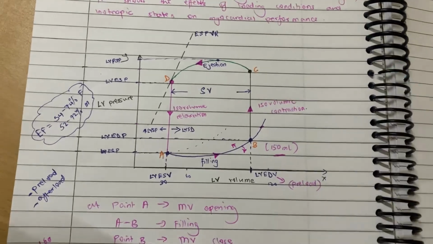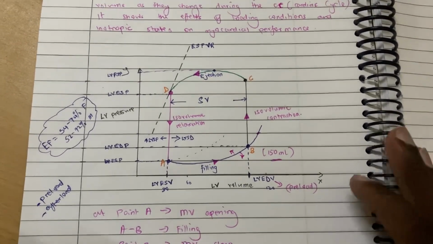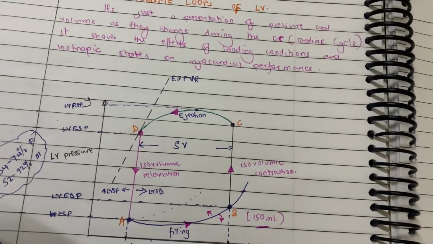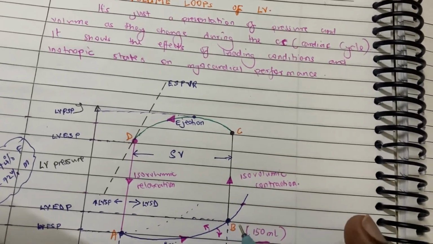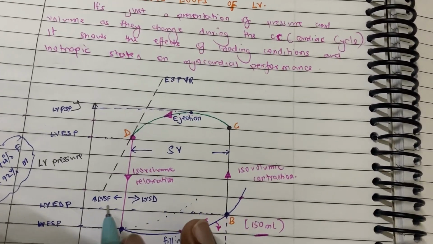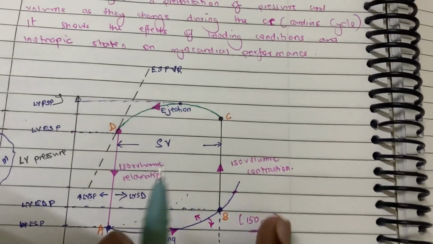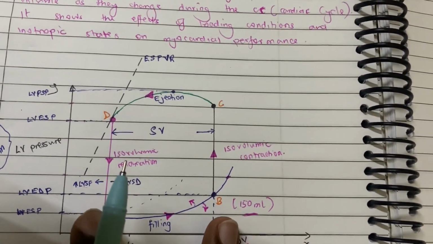The next clinical application is, you have seen if it shifts this side or this side. If it shifts this side, it makes the loop narrower.